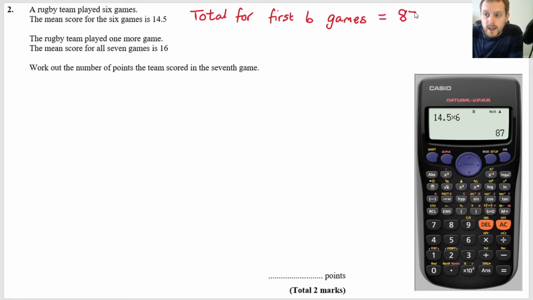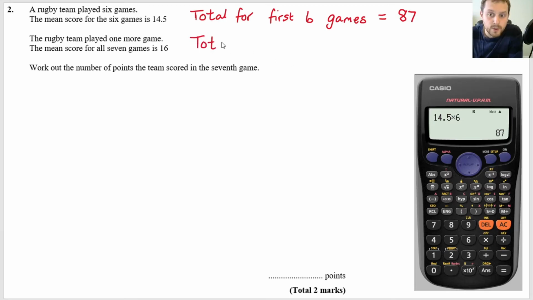Because we know that the mean for 6 games is 14.5, it means the total had to be 87, because 87 divided by 6 is 14.5. That's how you work out the mean of a set of numbers: I would have divided the total by 6 and got 14.5. So working backwards, I've done 6 times 14.5.